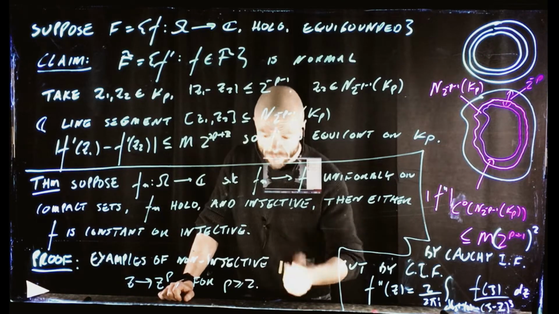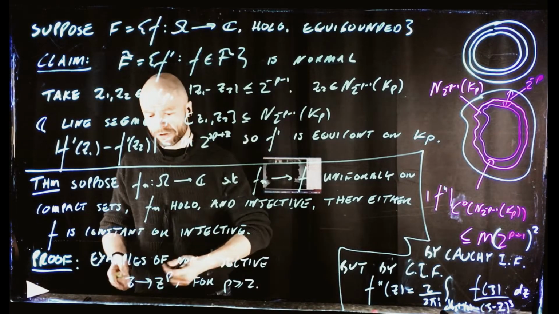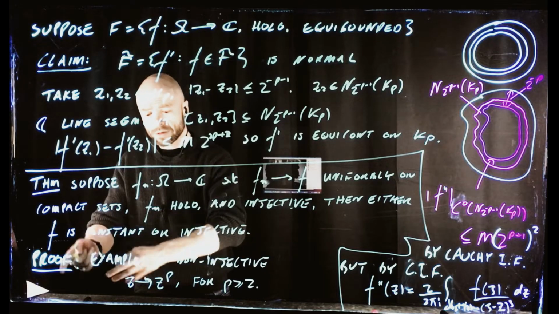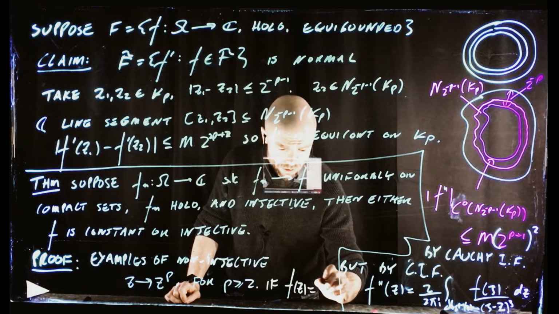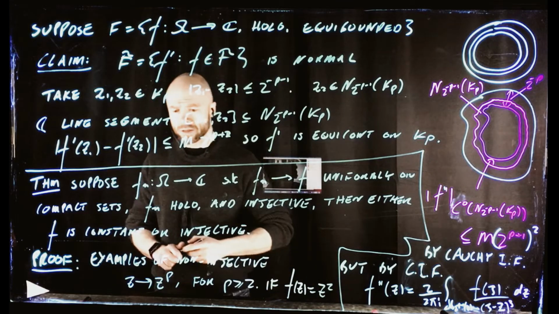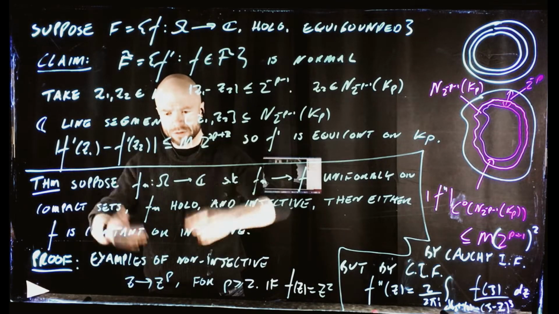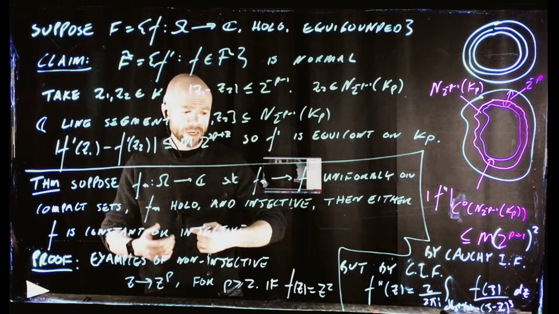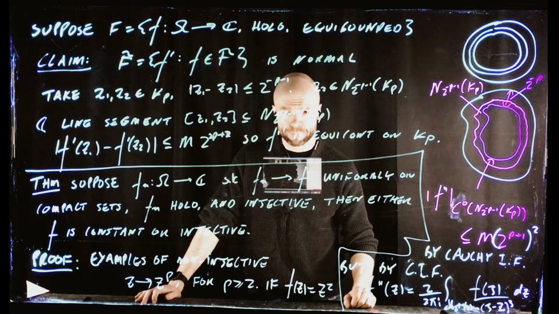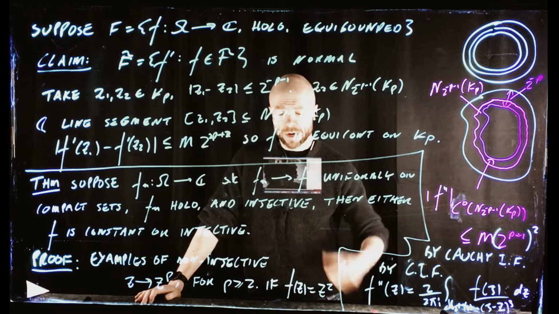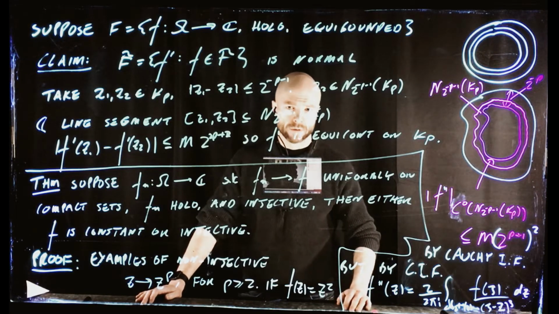So if we had a function f that was just this thing, so if f of z was z squared, why is it the case we don't believe that there is a sequence of functions fn that are injective that uniformly converge to this on compact sets? Why would that seem not possible?